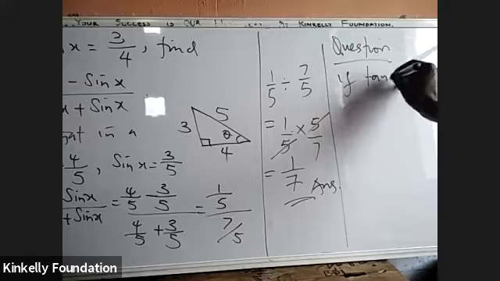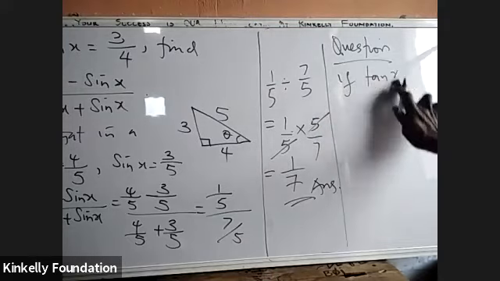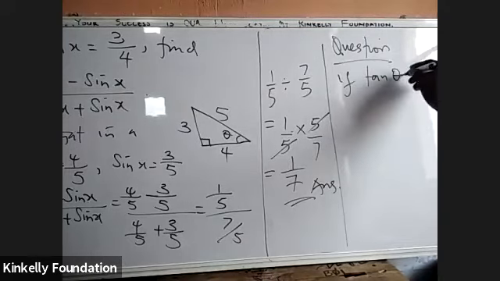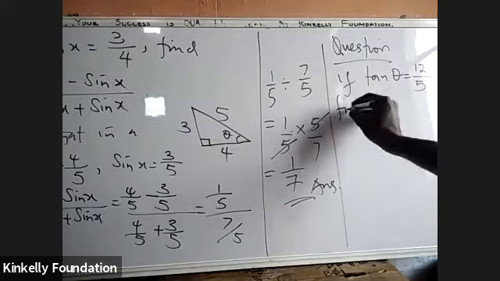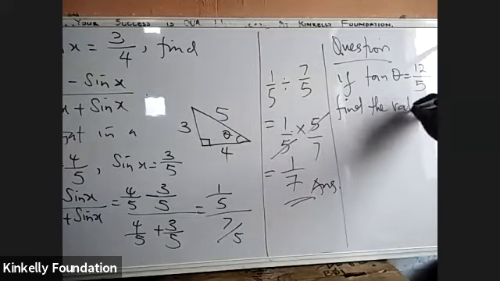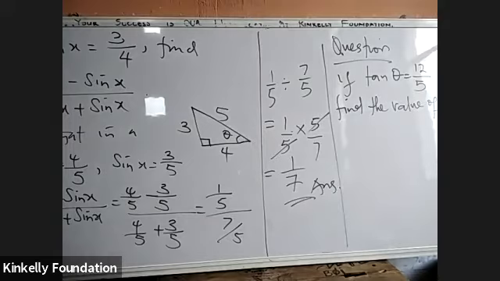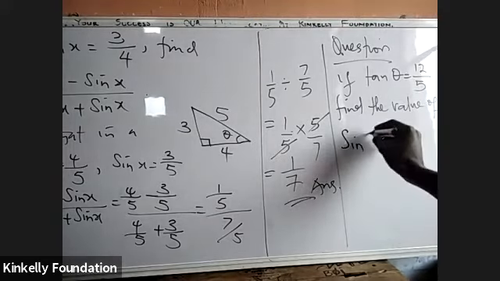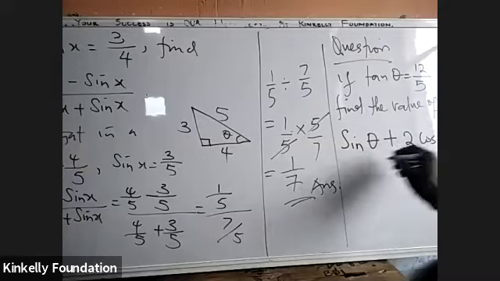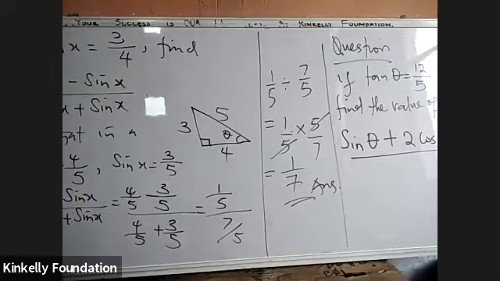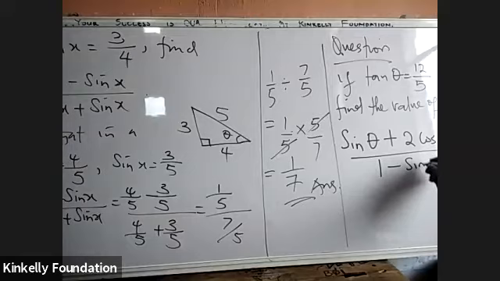If tan theta is equal to 12 over 5, find the value of sine theta plus 2 cos theta all over 1 minus sine theta.